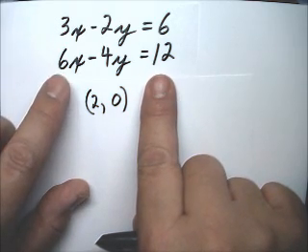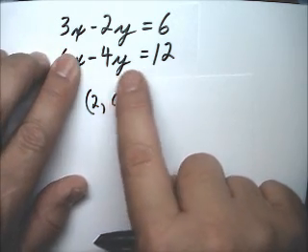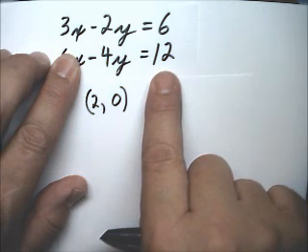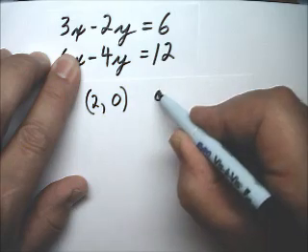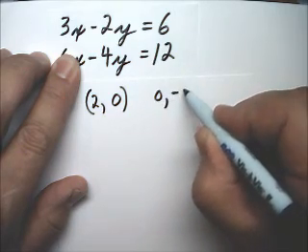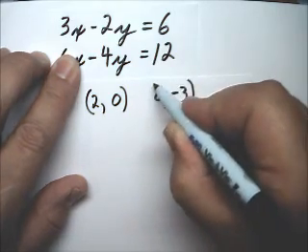So if I let x be 0, then I'd have negative 4y equals 12, and y would be equal to negative 3. So that's (0, -3).